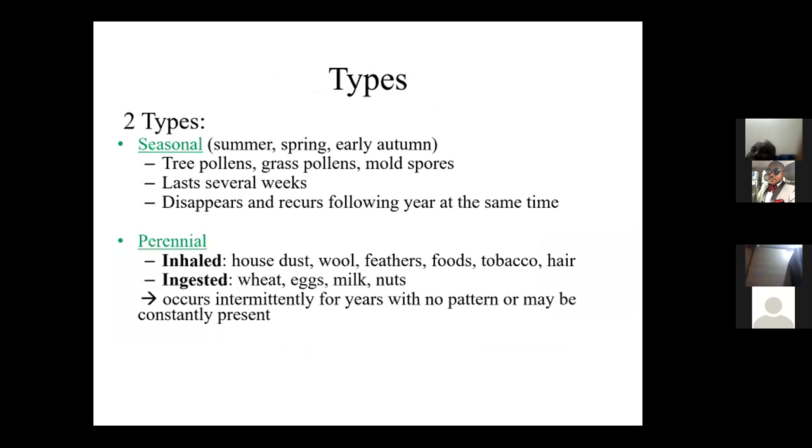All right, there are two types of allergic rhinitis. We have the seasonal, like we said earlier. The seasonal could come during the rainy seasons, like in our cold environments. Some of the causes are tree pollens, grass pollens, and mold spores, and this can last several weeks.